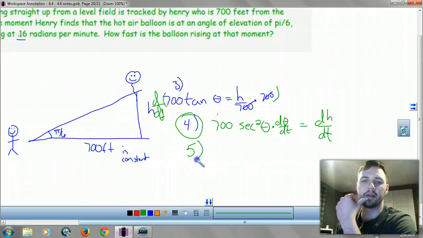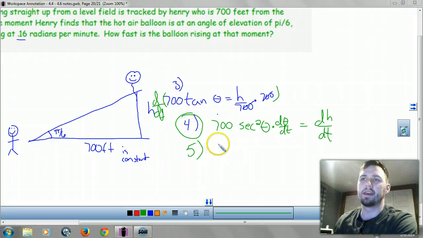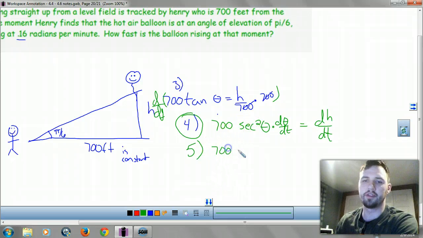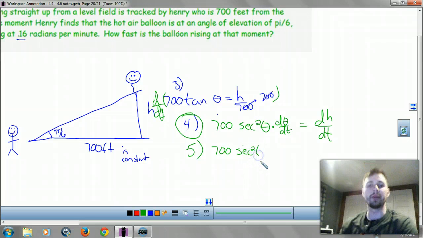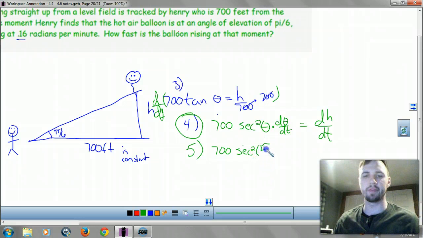So number 5, I plug in what I know. So this is still 700, secant squared. Now my angle is pi over 6 in radians, right? I know that because the problem told me that.